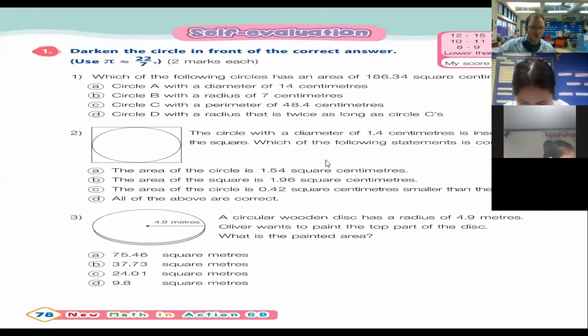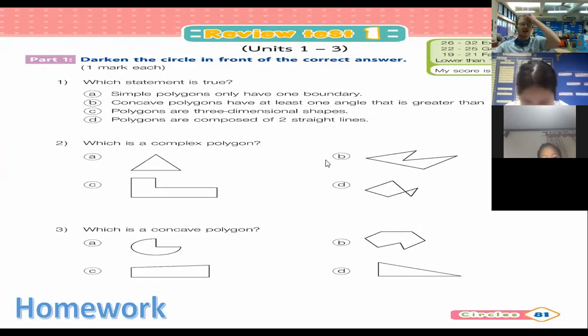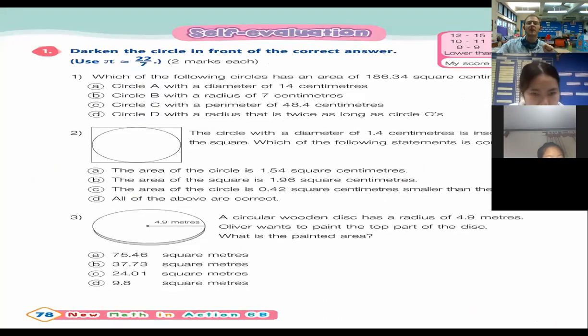Today we'll see how far we get with these couple of pages, and then we have our unit test, which covers units 1, 2, 3, so the first 3 units of the new book. It is a big test, but I don't want us to do all the work. I only want us to do a few pages, but I will get to that in a little bit.